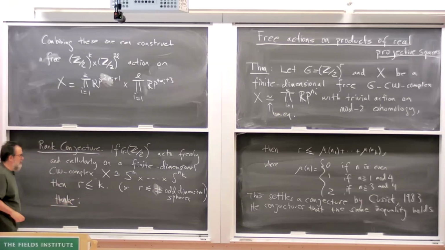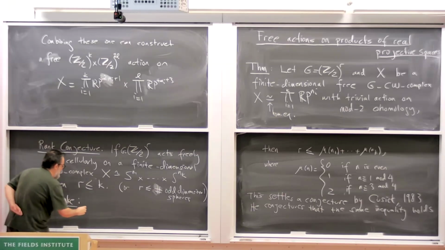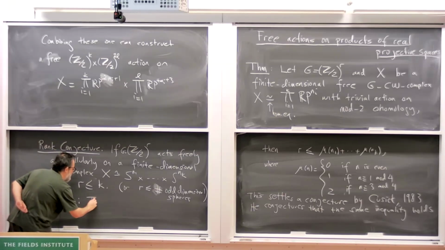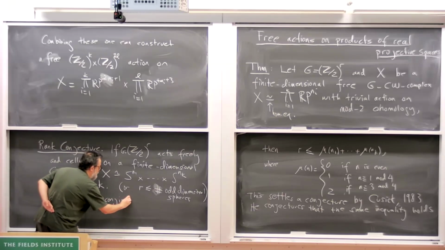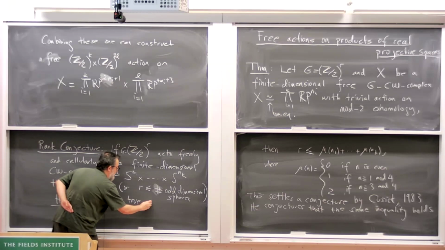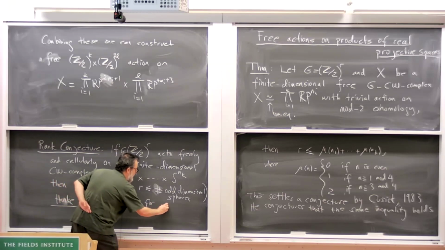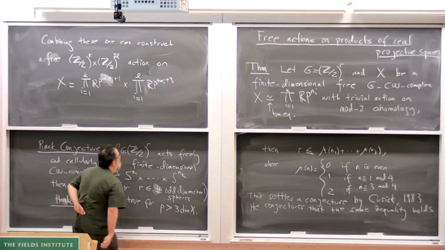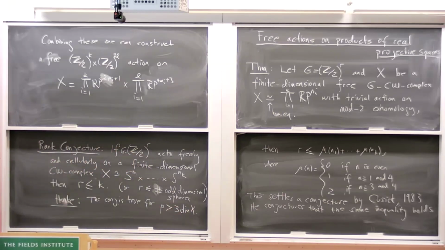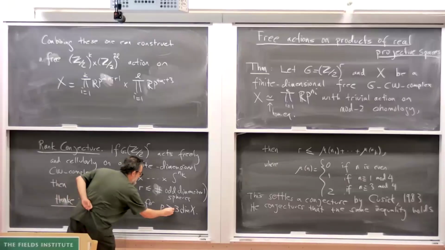And he also proved a very best result, I think, on this. He proved that the conjecture is true for primes bigger than 3 times the dimension of the space.